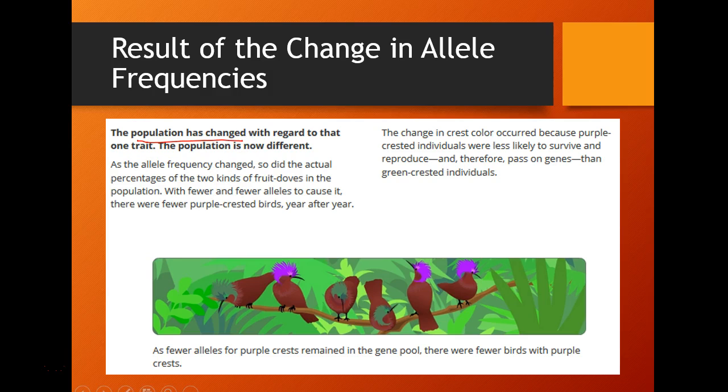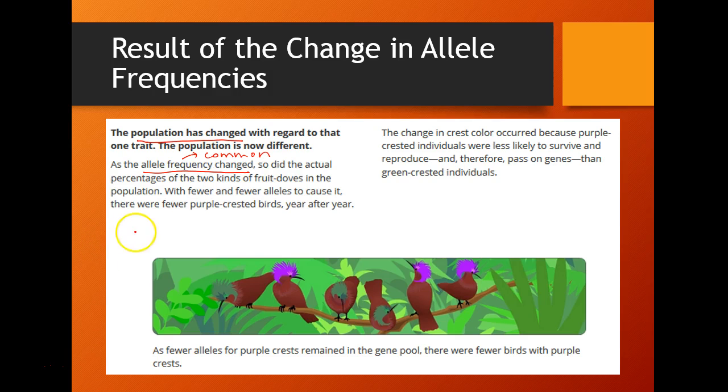Remember, populations are organisms of the same species in the same shared space that reproduce with one another. Before we saw equal amounts of green and purple, but now the population's different. So as the allele frequency has changed, or how common the alleles are, so did the percentages of the two kinds of fruit doves in the population.